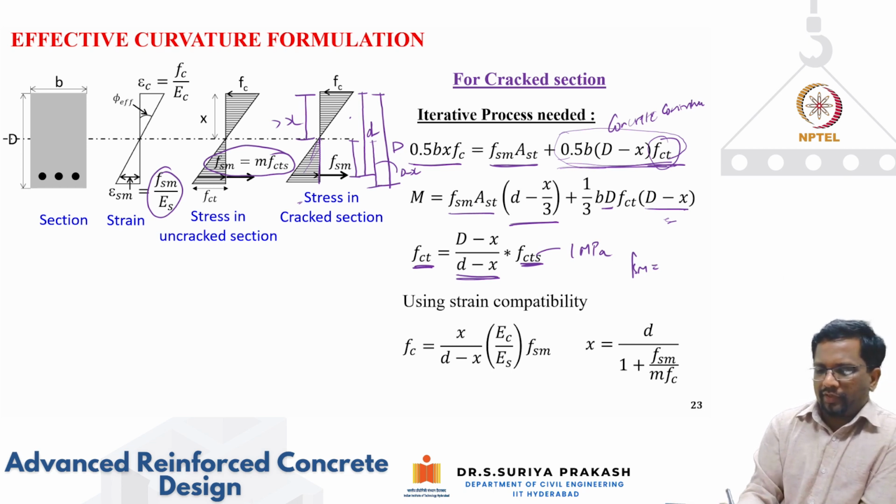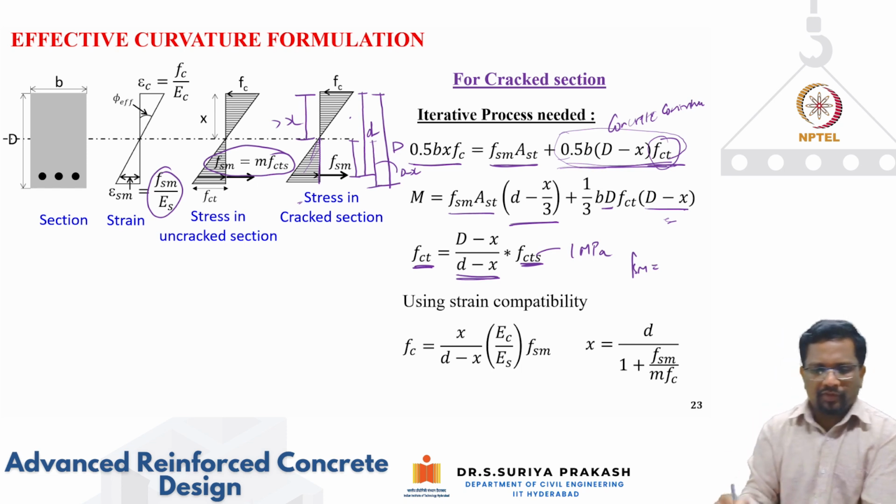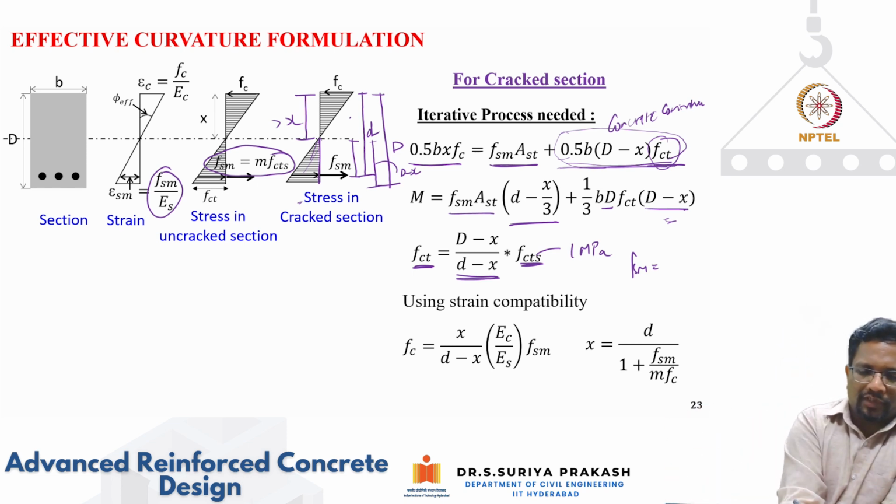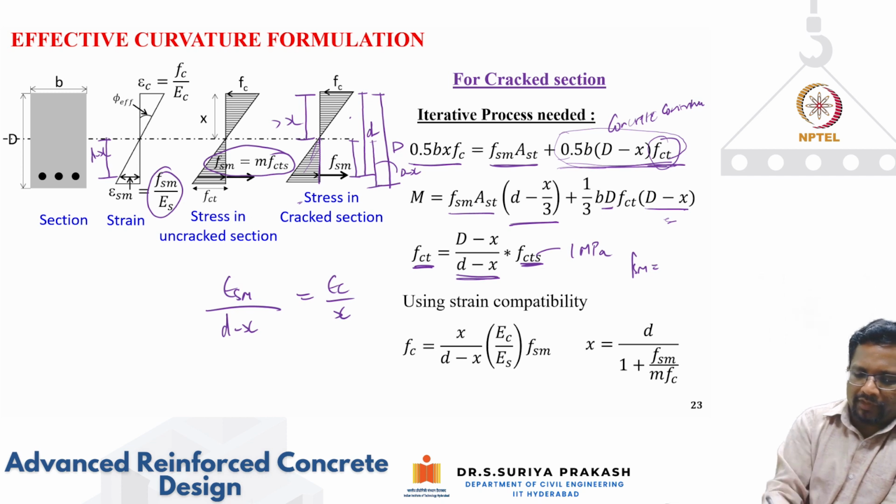Now how do you get your epsilon c? You can see if I know epsilon sm, which is at a distance of d minus x, so we can say epsilon sm is happening at a distance of d minus x. What would be epsilon c? Epsilon c will be at a distance x. So from this I can get my epsilon c as epsilon sm by d minus x multiplied by x.